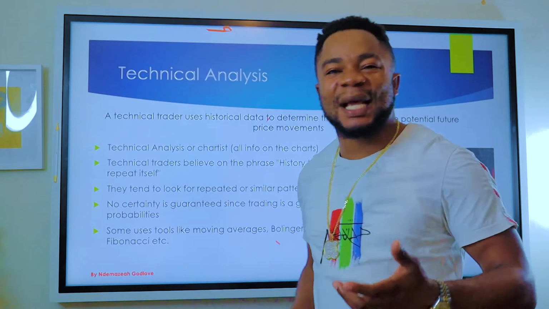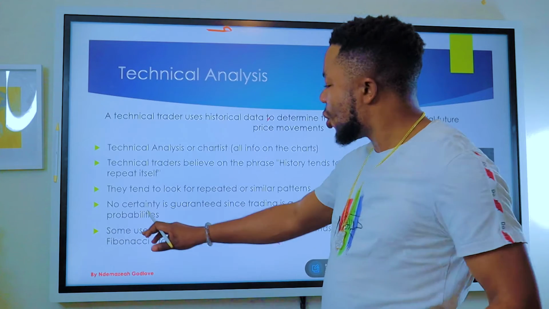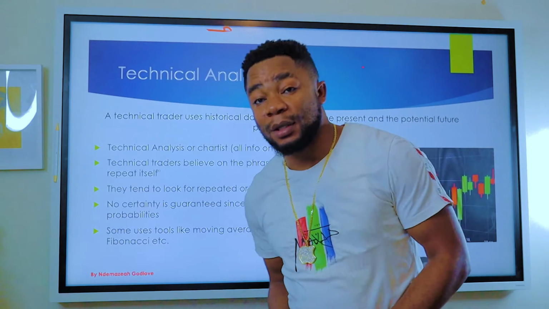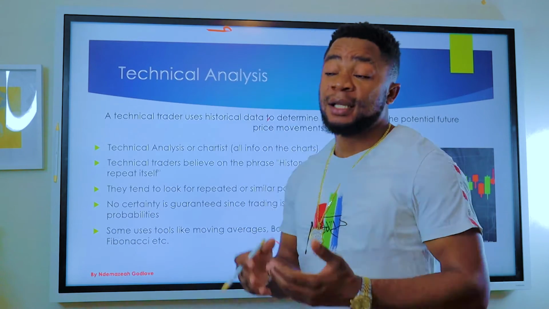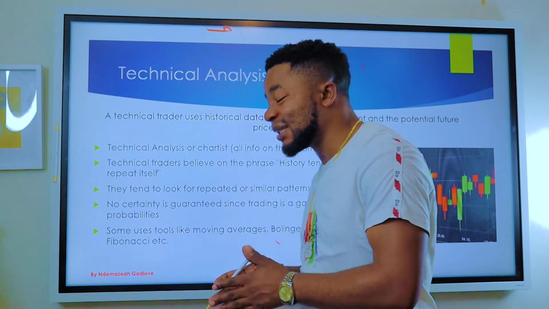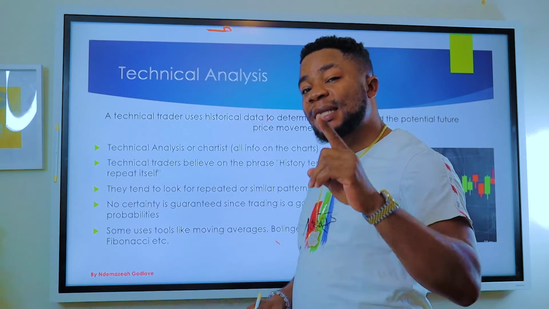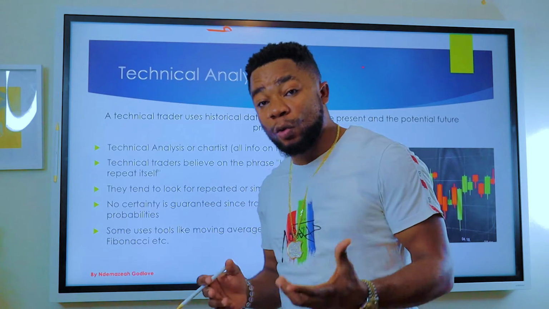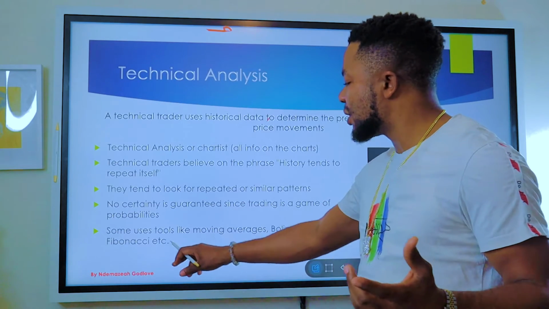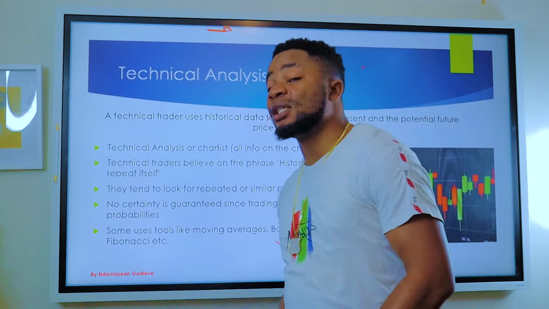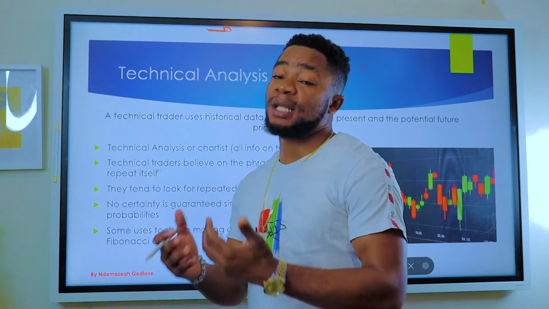No certainty is guaranteed, since trading is a game of probabilities. I have already mentioned that. There is no particular system which is guaranteed, because trading is a game of probabilities. Some use tools like moving averages, Bollinger Bands, or Fibonacci to better ascertain their decisions.